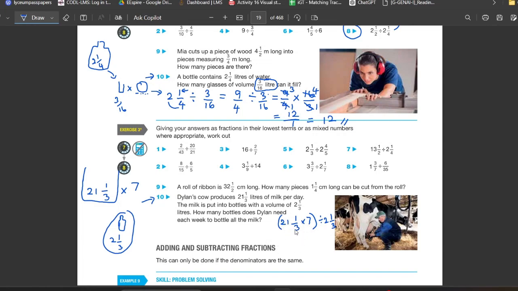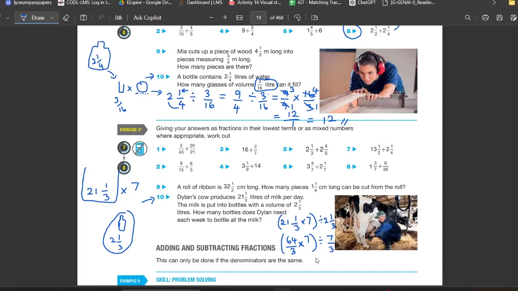So 21 times 3 is 63 plus 1, 64. 64 over 3 times 7, and this divided by 2 times 3 is 6 plus 1, 7 over 3.